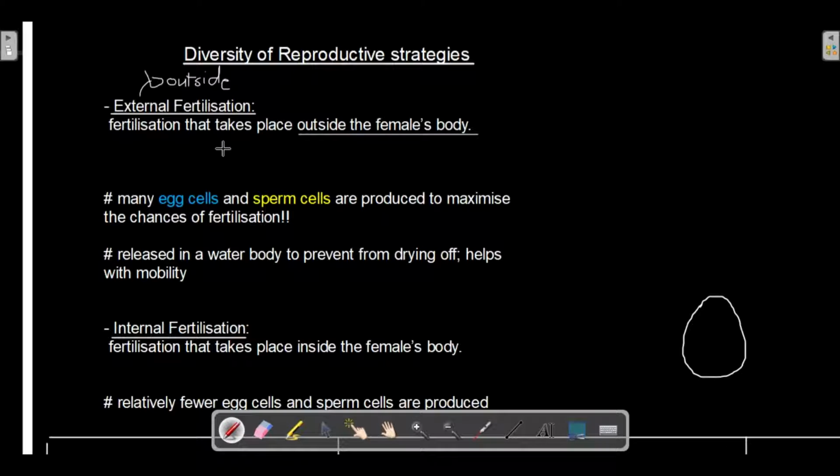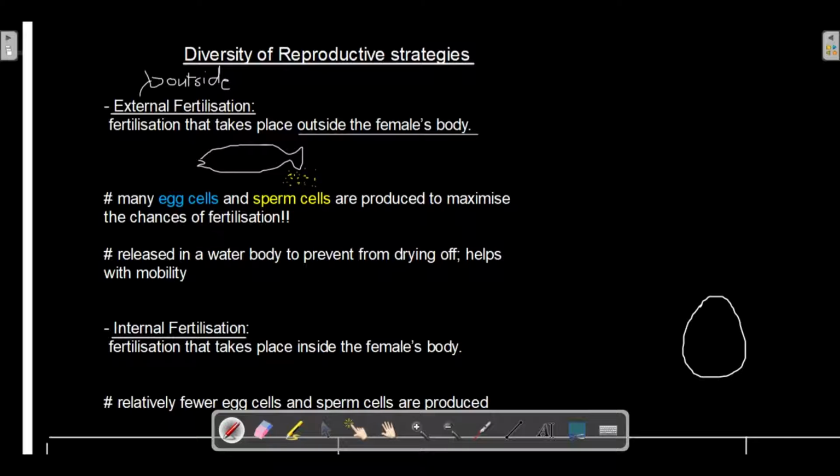Okay, so what we mean is that you may have fish. Okay, so I'm just going to try to draw. So a male fish, okay, it will produce its sperm cells. Okay, we are in the ocean.